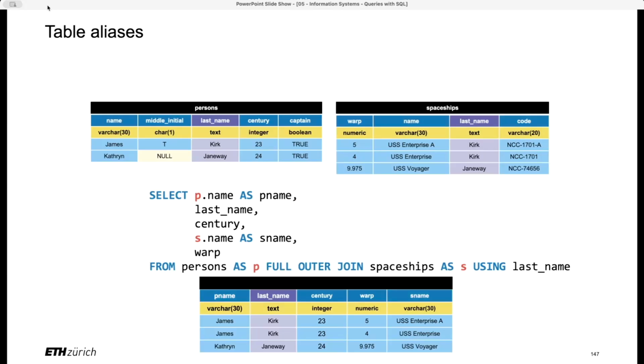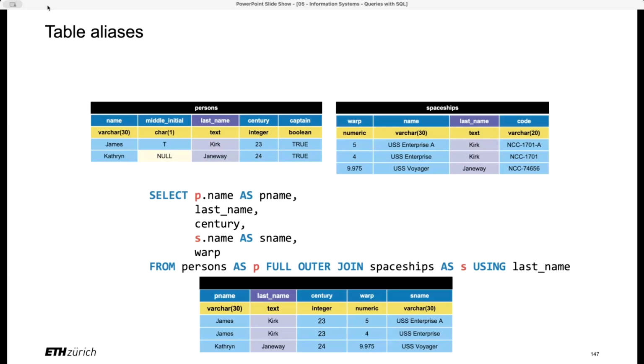Okay. Now, speaking of AS, you can rename a column or give a name to a column with AS. Well, you can do the same with tables. So in the from clause, after a table like persons, you can add AS p, the same syntax that you have for attributes. You just give it the name p, right? And then spaceships AS s, you give it the name s.